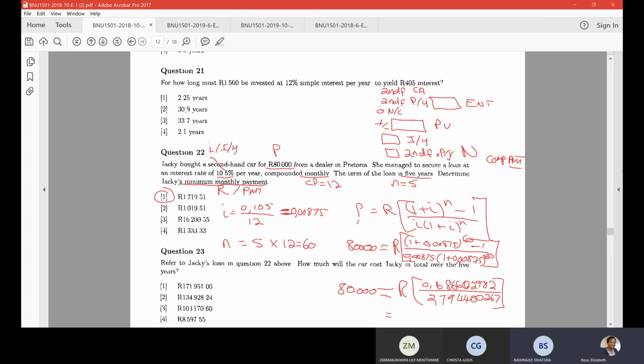So solving what is inside the bracket, which is 0.68602982 divided by 2.7944000267 equals, I get 0.24.